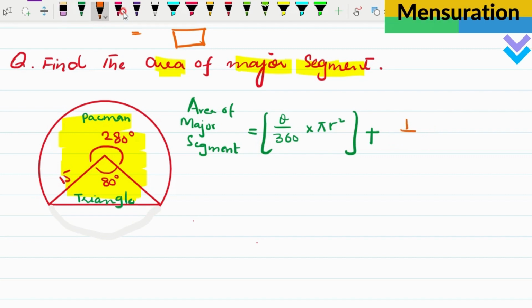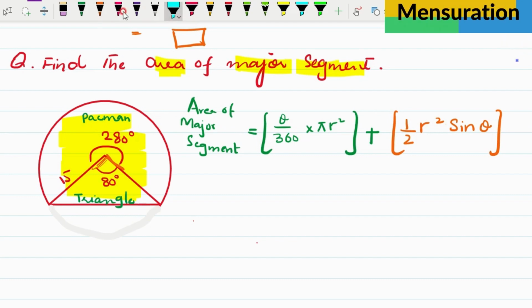It is 1 over 2 base into height. Instead of base and height, as there is no height or base given, we take the radius, the neighboring sides of the angle. So it means r square into sine theta, right?